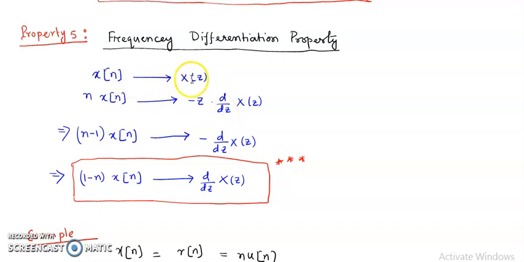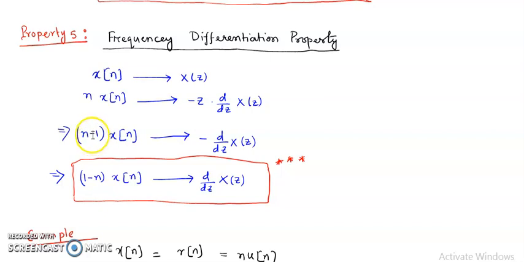So if X(z) represents the Z transform of x[n], then we can write: n into x[n] is equal to minus z times d/dz of X(z). So the derivative of X(z) is multiplied by minus z. If we do the shifting operation here, why are we doing it?